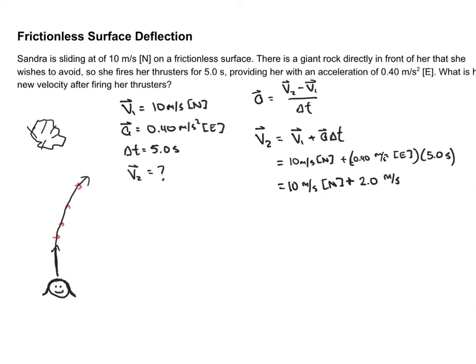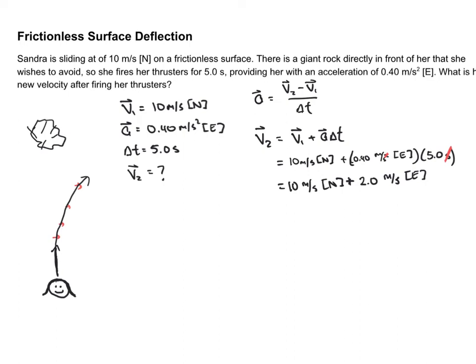Meters per second squared times seconds, so the seconds is going to cancel out with one of the seconds from that seconds squared, leaving us with meters per second. And the direction is preserved as east. So really, I'm doing 10 north plus 2 east. And that's not equal to 12 because they're not in the same direction.